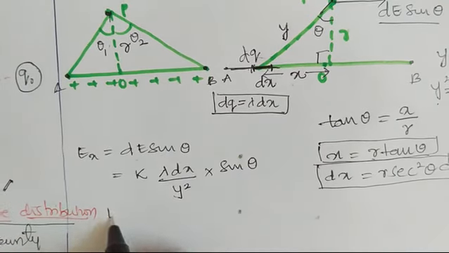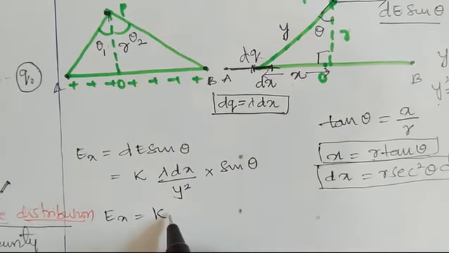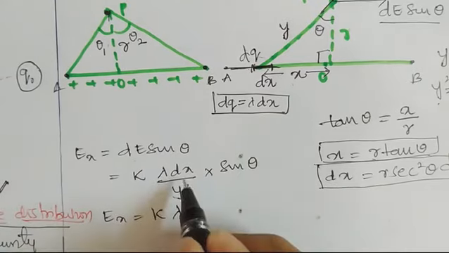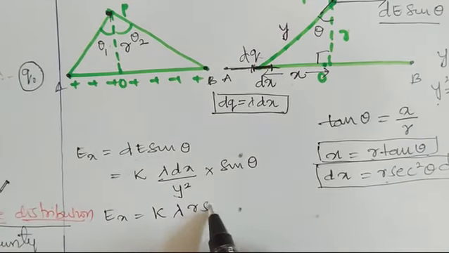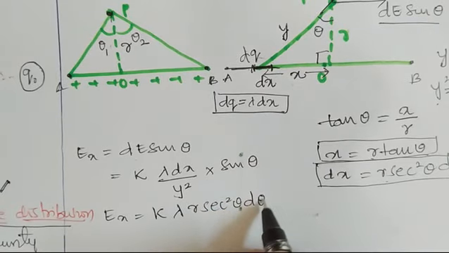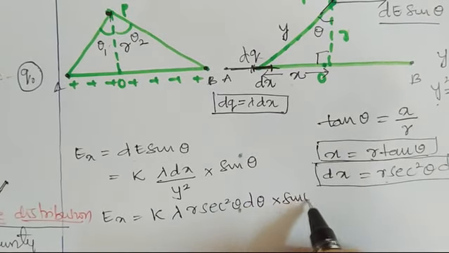Now K lambda dx can be written as r secant square theta into d theta, into sine theta.